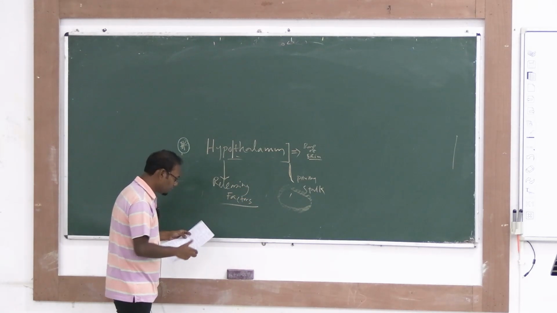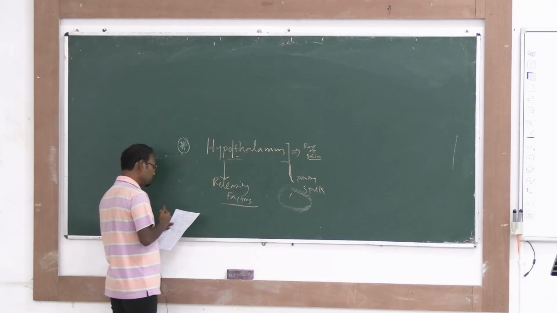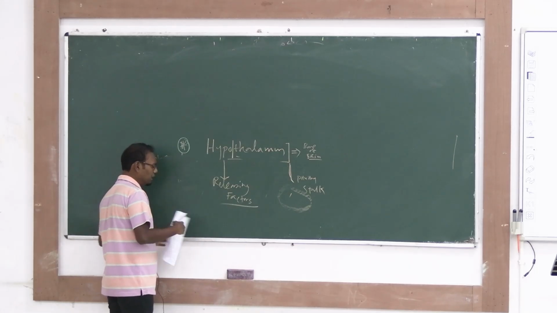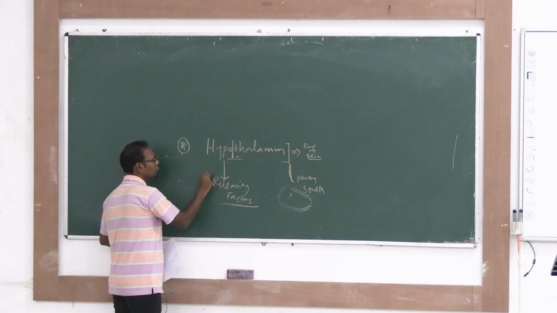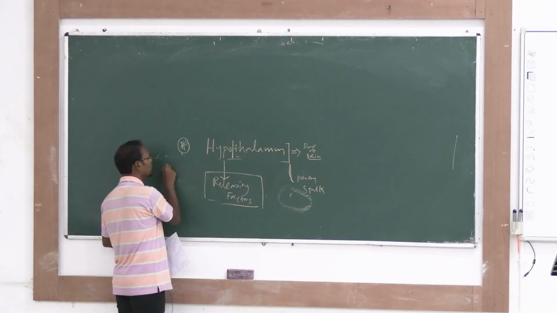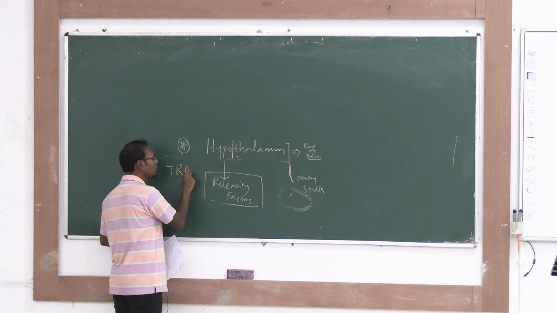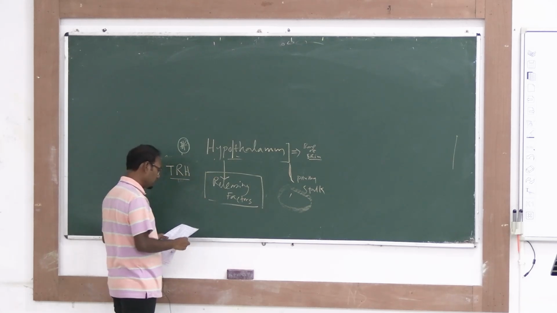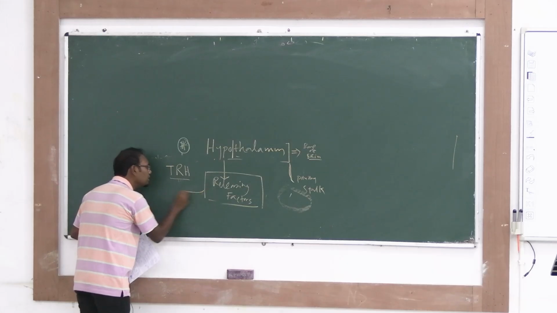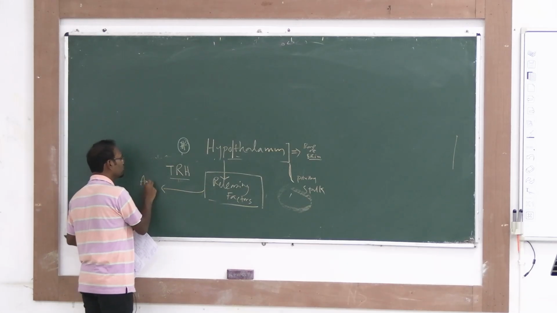One example is thyrotrophin releasing hormone, TRH. It is released and then goes into your anterior pituitary.